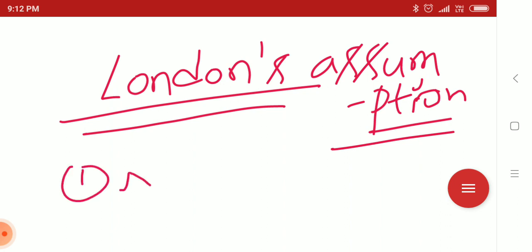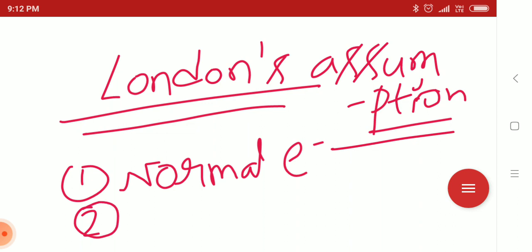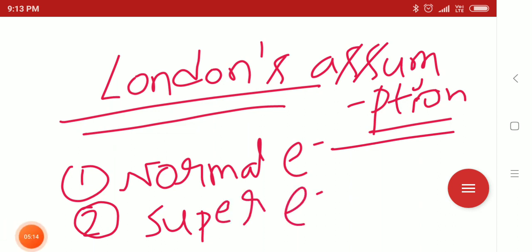One is the normal electron, which does normal conductivity, and the second is the superconducting electron, or super electron, which does superconductivity.